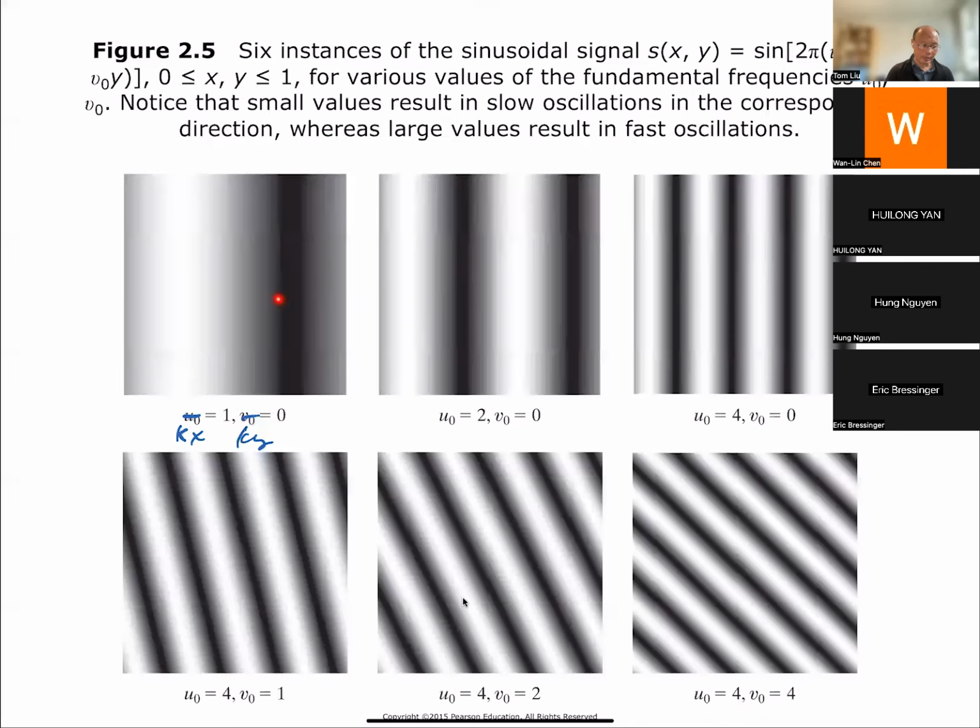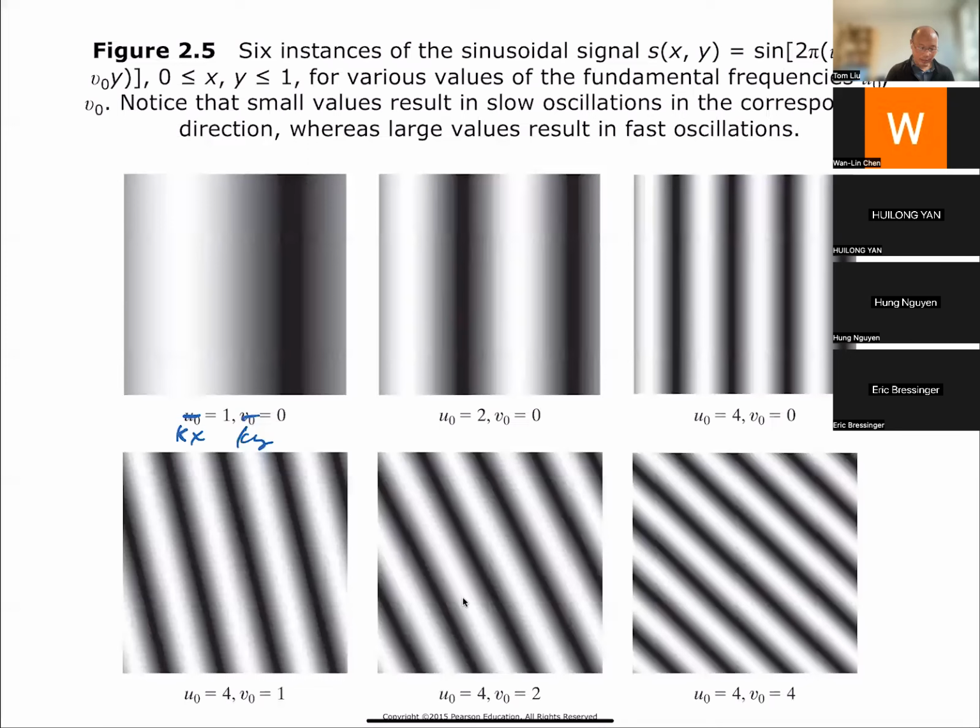Here the frequency kx equals 1, so the wavelength is 1, meaning this repeats with an interval of 1. Now kx equals 2, so the frequency is doubled and the period is halved. And here kx equals 4, so you can see we're at a much higher frequency, and the wavelength has gone down even more.